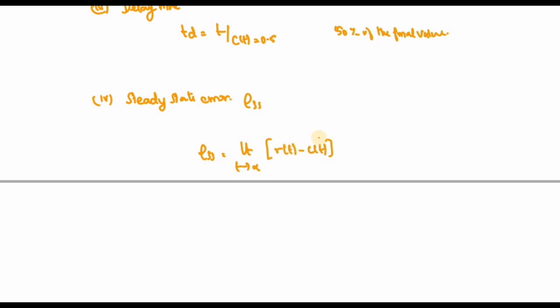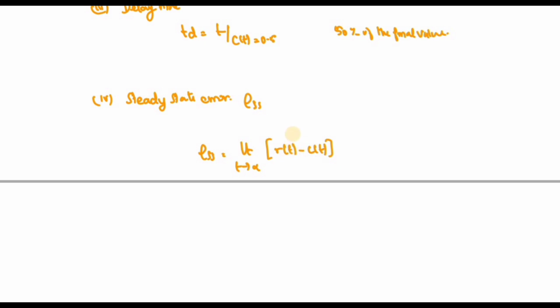So this is the input and this is my response. The response is nothing but C of t. So it is the difference that exists between the standard input applied and the output that is obtained from the system when any input is given. So here the input is a ramp signal, right?